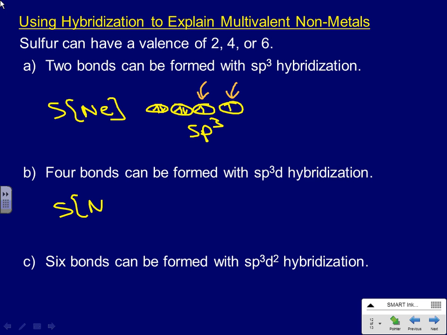Now sp3d hybridized sulfur. sp3d means how many ovals am I going to have? 5 ovals. 1, 2, 3, 4, 5. How many valence electrons? Still 6. That's a trick question. Still sulfur, still has 6.